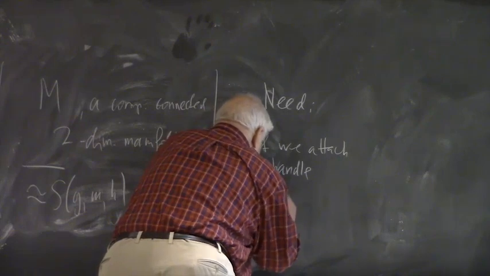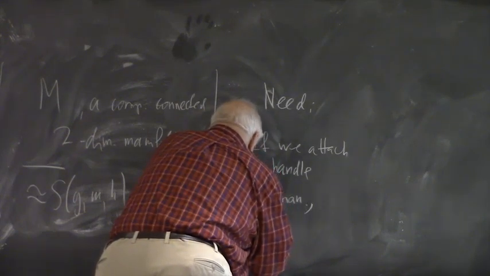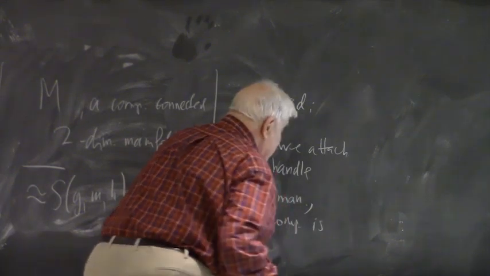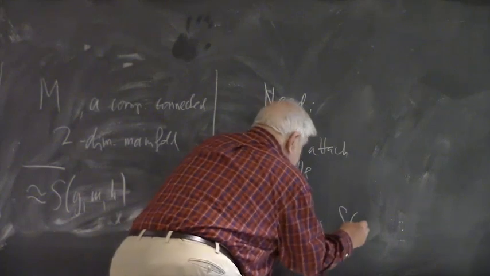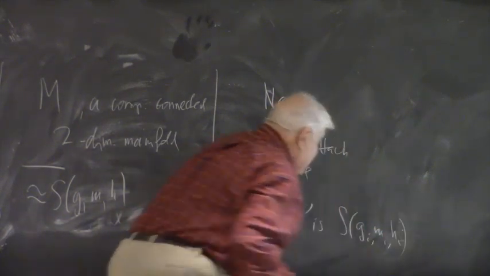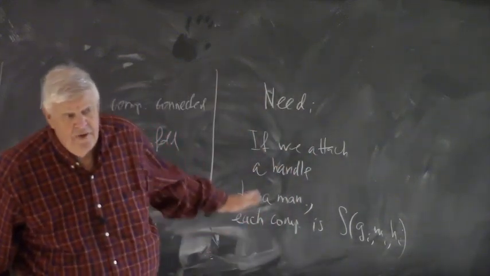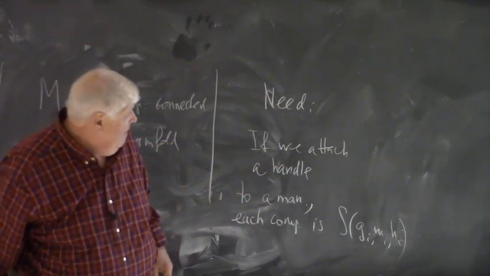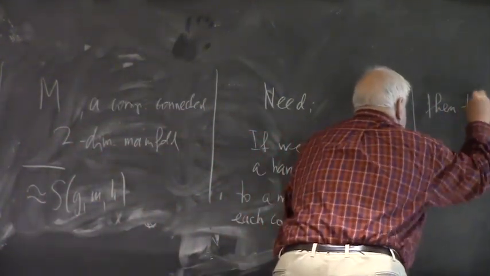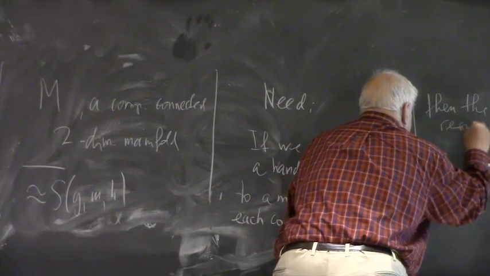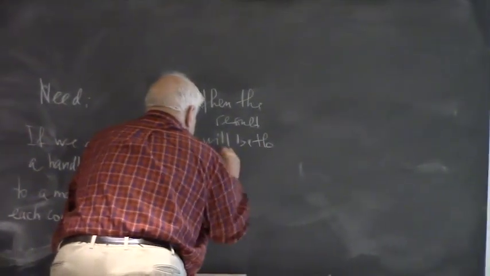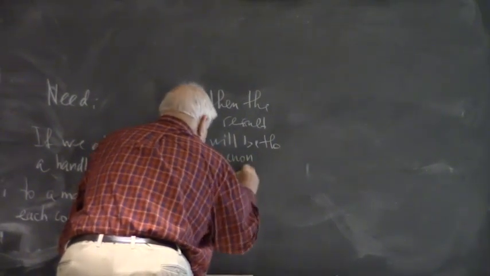To a manifold so that each component is a classical surface, S, Gi, Mi, Hi, where i is the number of the component. There may be many components, but not too many because it's compact. Then the result will be, again, the union of some classical surfaces.